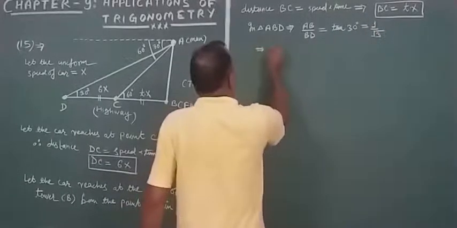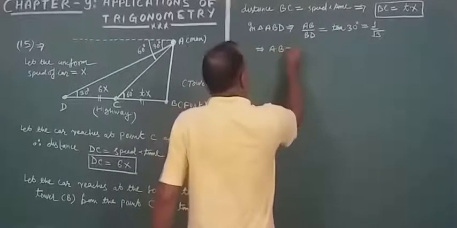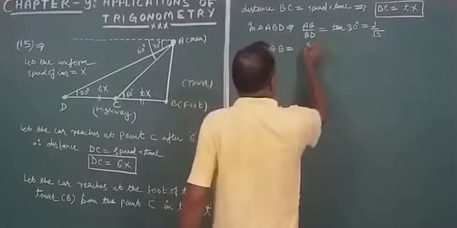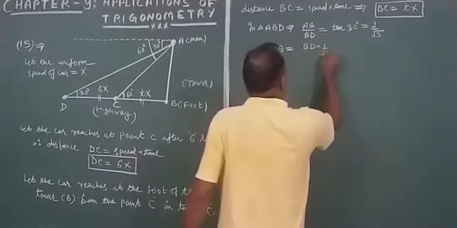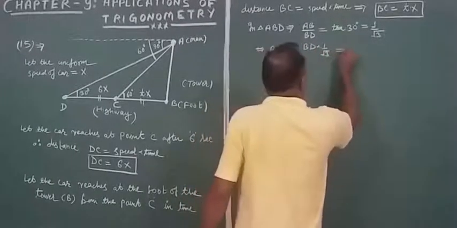Therefore AB will be BD upon under root 3.